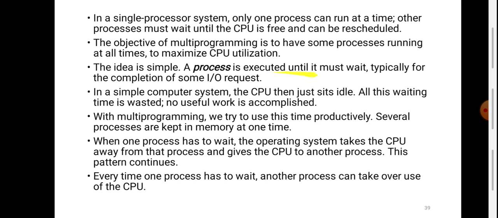A process is executed until it must wait. If the process does not want to wait, it will keep on executing. Typically it waits for the completion of some input output request.